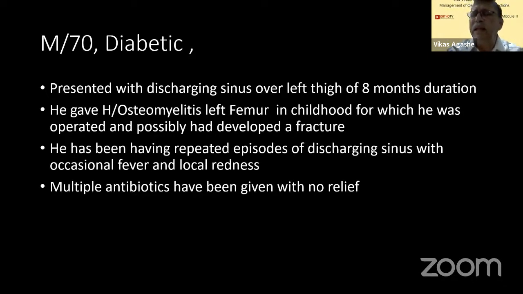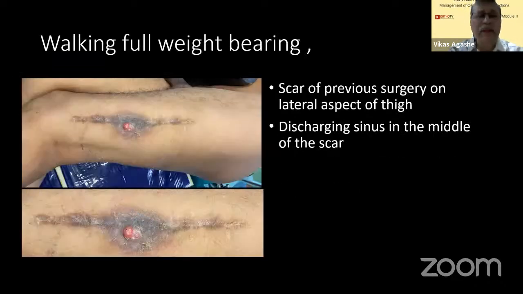Next please, generally a very uncomfortable patient with scar which is adherent to the femur. In the center, there is a discharging sinus, and he has a decent range of movement, and he is fully weight bearing. Next, please.